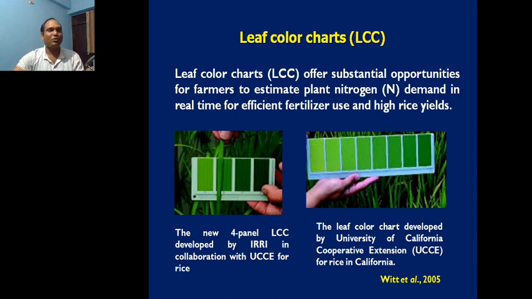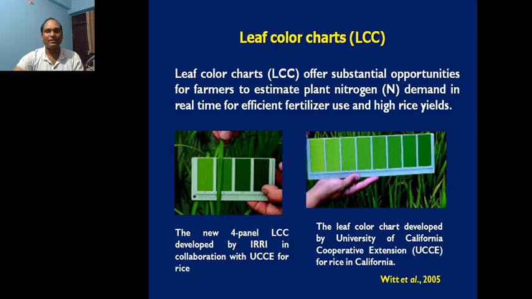Leaf color chart is one of the techniques by which we can diagnose nitrogen deficiency within the paddy field through the intensity of the yellow color within the leaf, because nitrogen is a major component of chlorophyll.